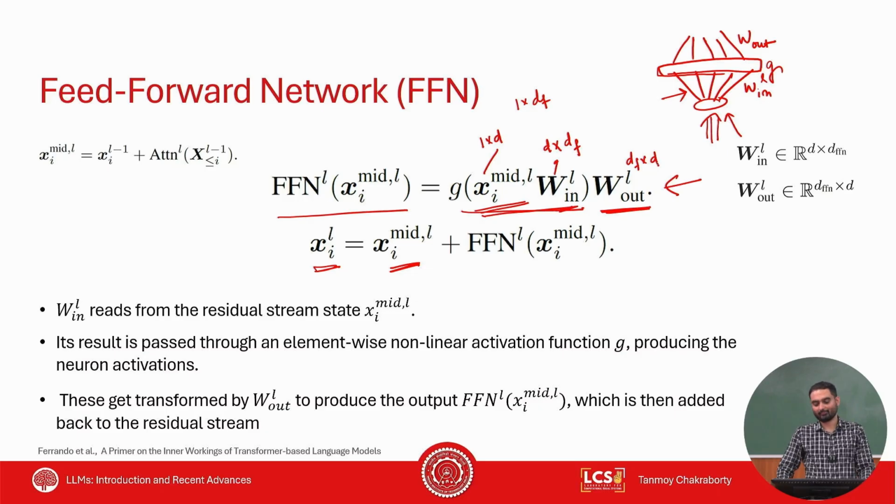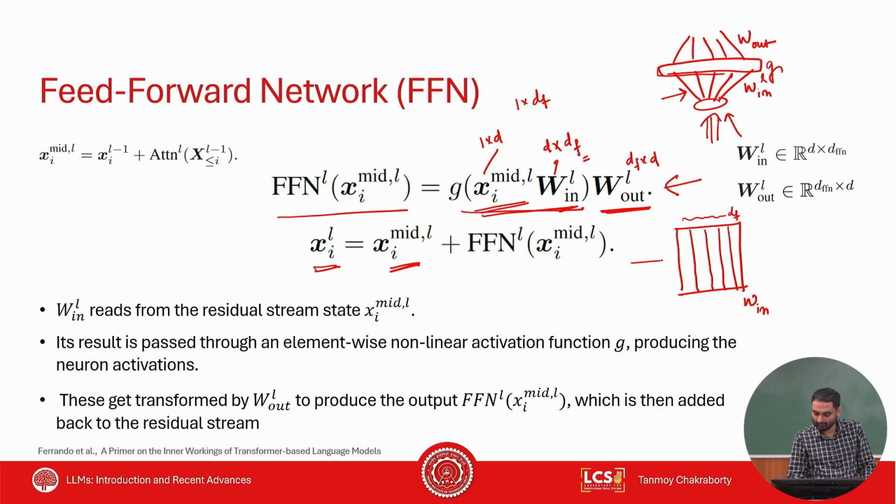If you look at it very carefully, we can interpret it this way. This is the W_in matrix, forget about the layer, where there are DF number of columns, and you are multiplying this with a vector X_i. When you multiply this, it will essentially act like some sort of pattern detector.